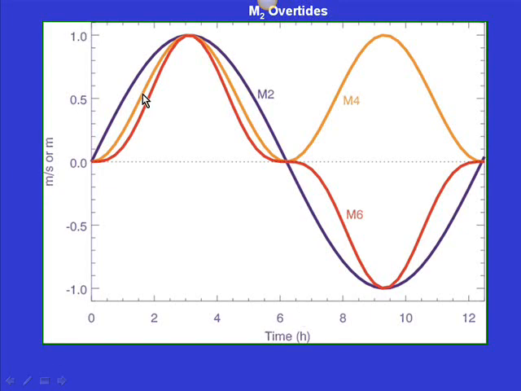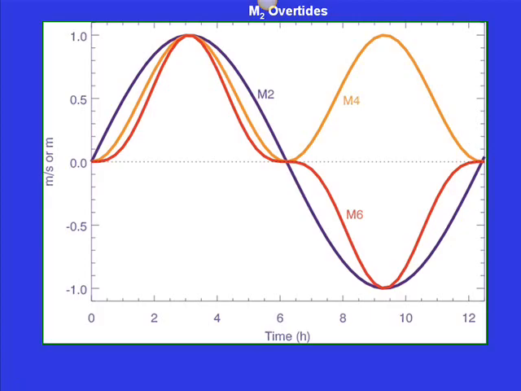So what that means is that it's always positive. The M4 will be maximum during the peak. It doesn't matter whether the peak is positive or negative, the M4 will always be positive.